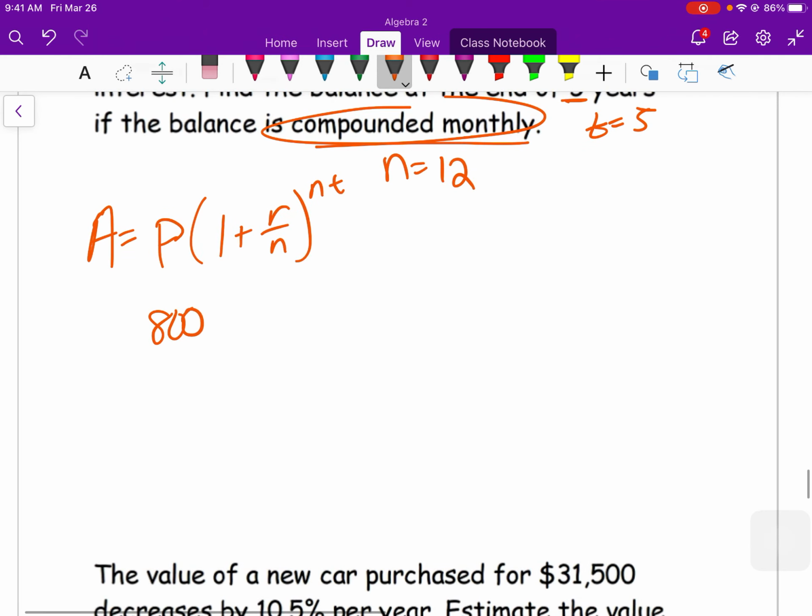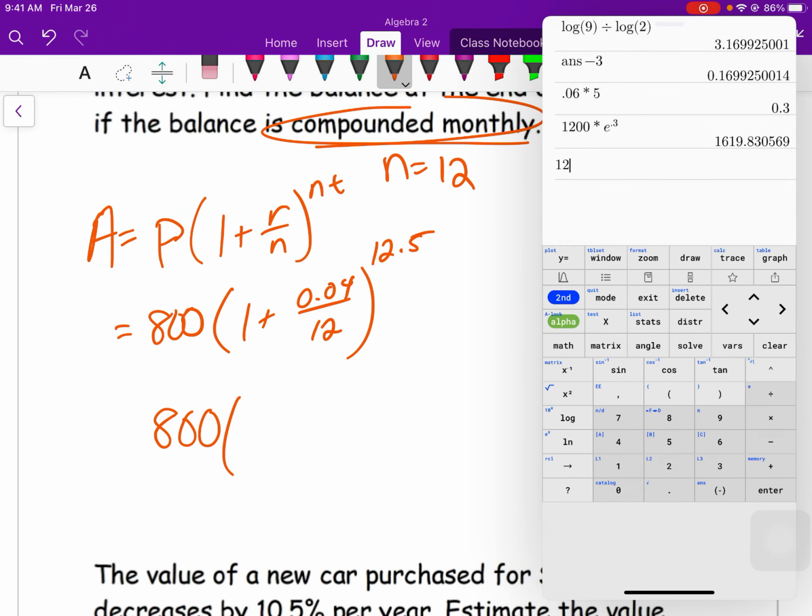So it'd be 800, and then 1 plus 0.04 divided by 12, and then to the 12 times 5 power. Really, the first thing you should do is do 12 times 5, which is 60, I think. And then 1 plus 0.04 over 12 to the 60th power.